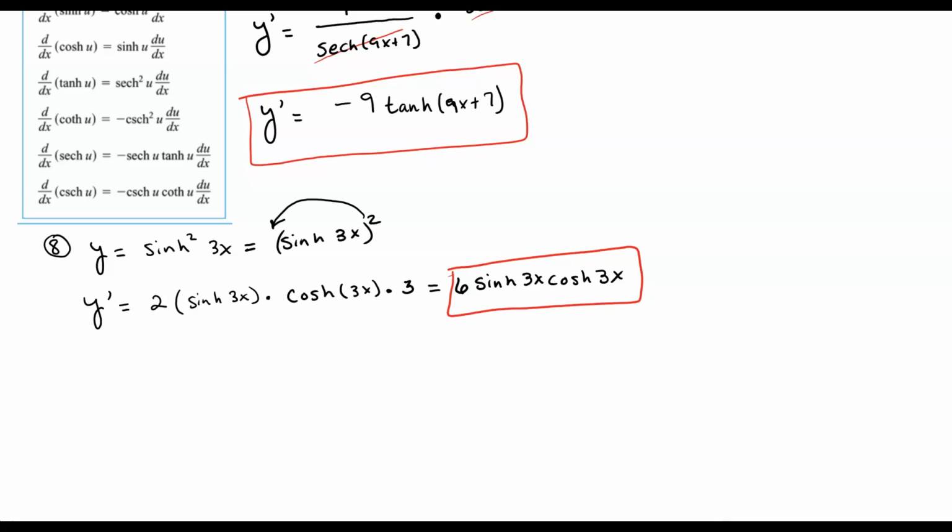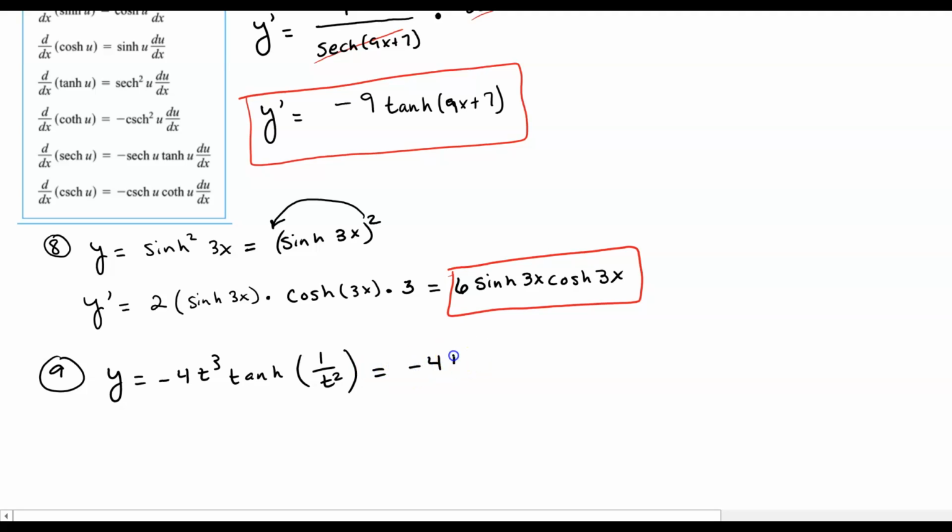We're going to call this one number 9 in our video, and this one right here is y equals negative 4t cubed tanh of 1 over t squared. All right, so I'm going to have to rethink again the way that this looks just a little bit, and the only thing I'm going to change is what's inside the tanh, because we're going to need that in terms of exponents that we can work with.